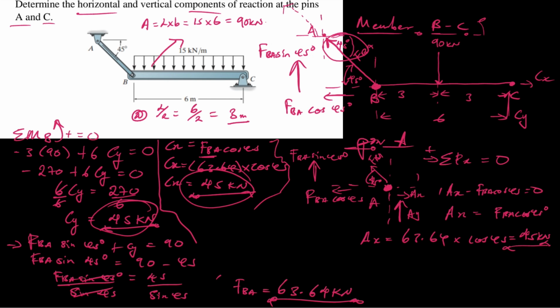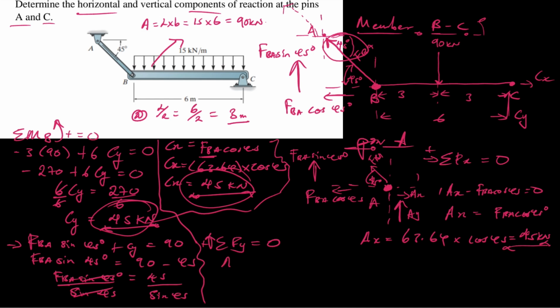If we apply the same sense for the y-axis, sum of forces in the y, taking distance to be positive, should be equal to 0. Remember, we're analyzing pin A alone. So pin A, sum of forces in the y, we have AY plus FBA sine 45 being equal to 0. So we have AY being equal to negative FBA sine 45.